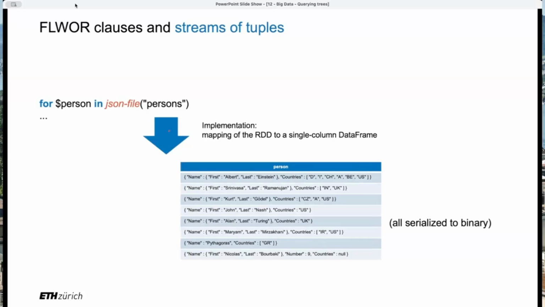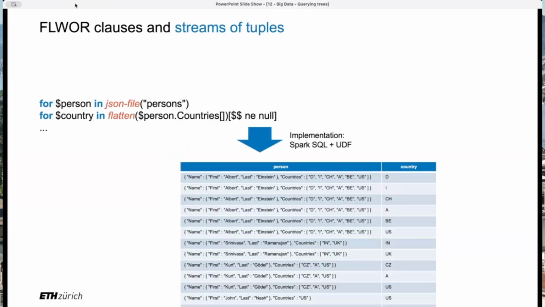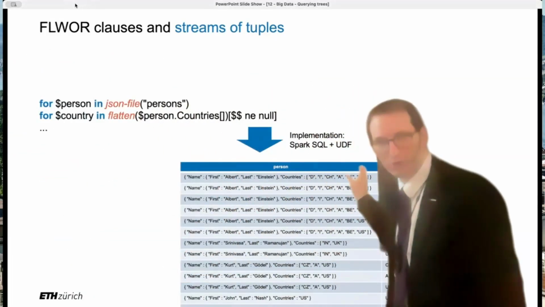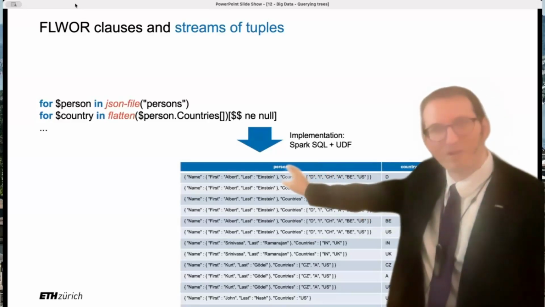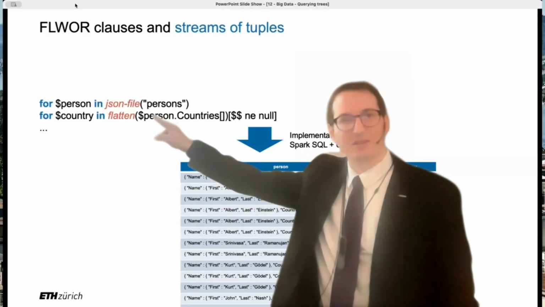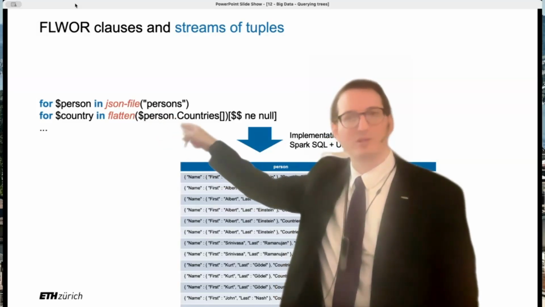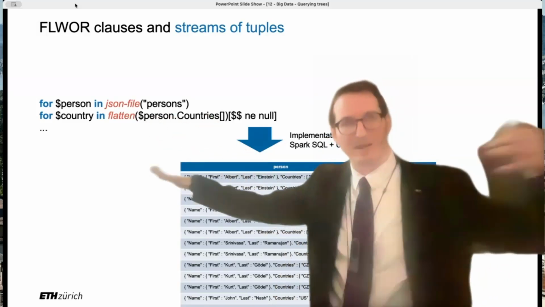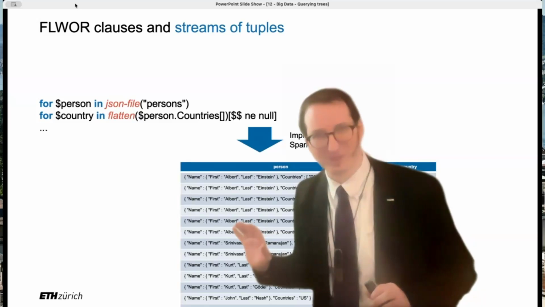Then comes another clause. So that's this tuple stream that we model as a physical data frame comes out of the for clause. Then we have another for clause, so that adds a second column, right? That's how the tuple stream evolves. Now we have two variables that are bound, so we have person and country. You see that here we call flatten. Flatten is just extracting the content of that and flattening it, just in case there might be even nested countries.